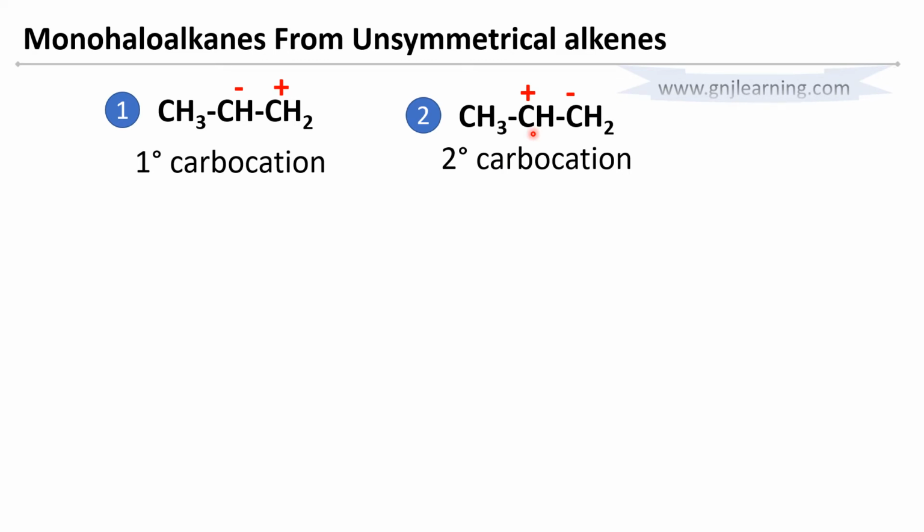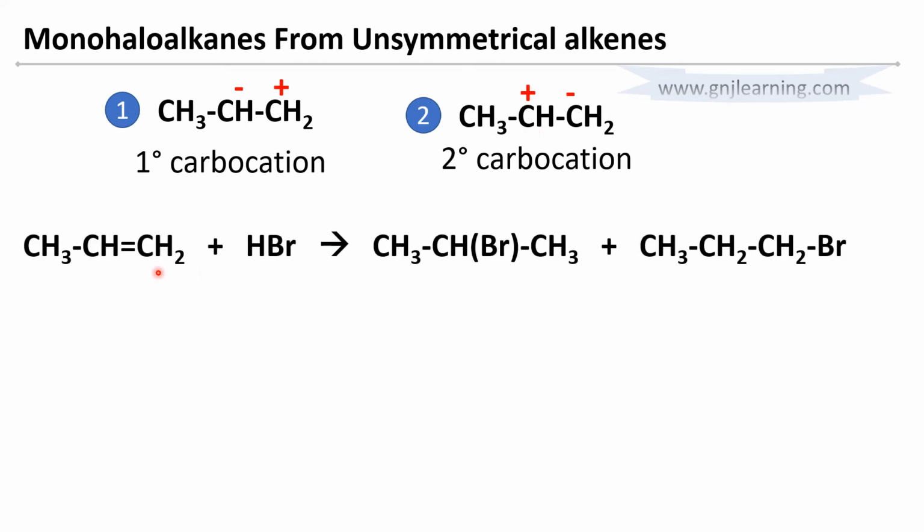So if I am adding HBr into propene, I will have both products, Br on the secondary carbon atom and Br on the primary carbon atom. Which will be the major product? The Br on the secondary carbon atom, because the secondary carbocation is more stable. So the major product will be this one and the minor product will be this one.